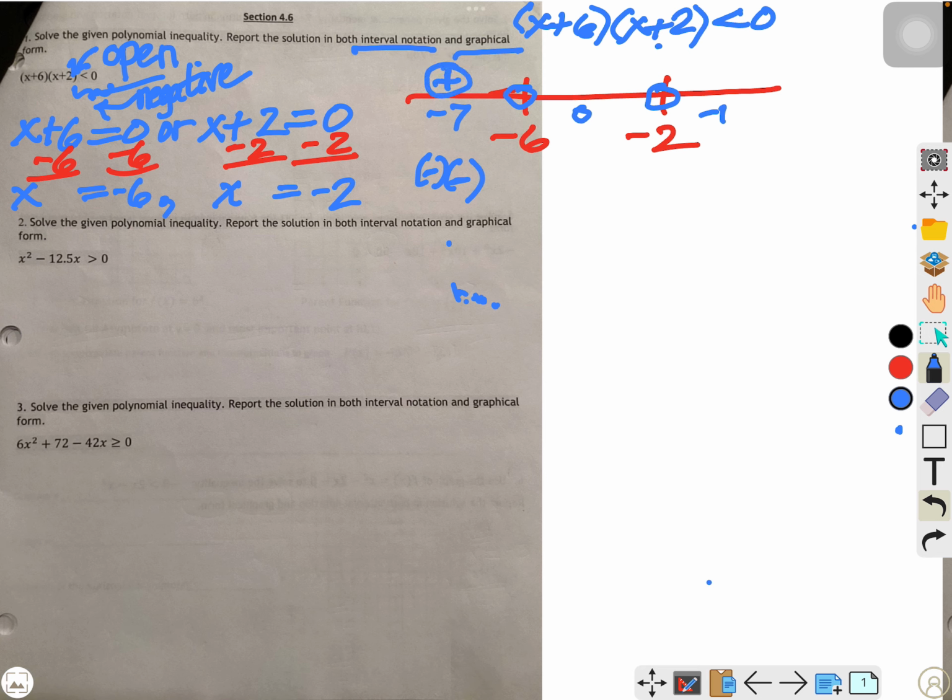Testing my middle region, plugging in 0: 0 plus 6 is 6, 0 plus 2 is 2. Both positives. Positive times a positive is going to be positive.